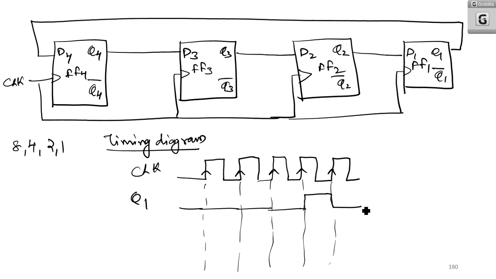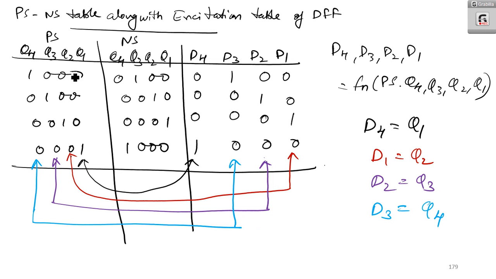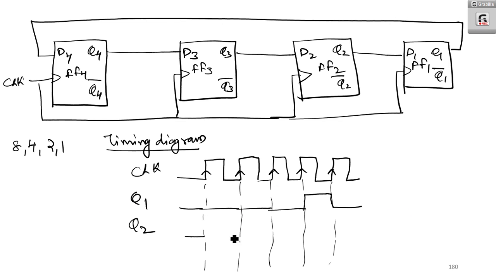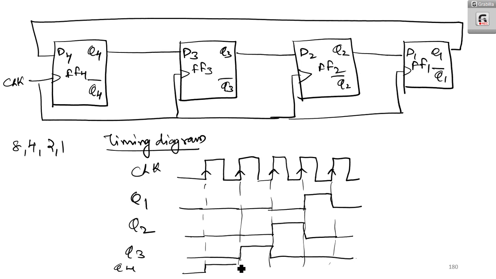Now, what is Q2? Q2 becomes 0, 0, 1, 0. Like that it will go. Now, what is Q3? 0, 1, 0, 0. What is Q4? Q4 becomes 1, all others are 0.